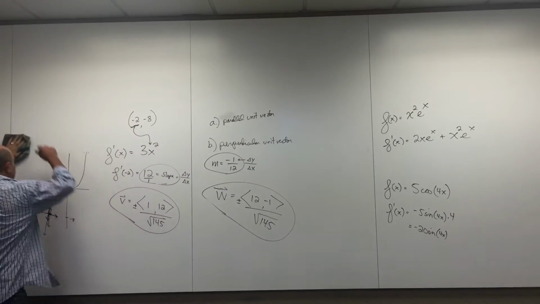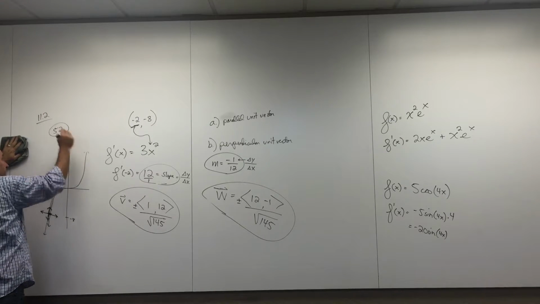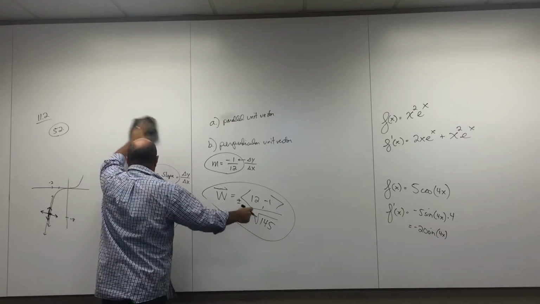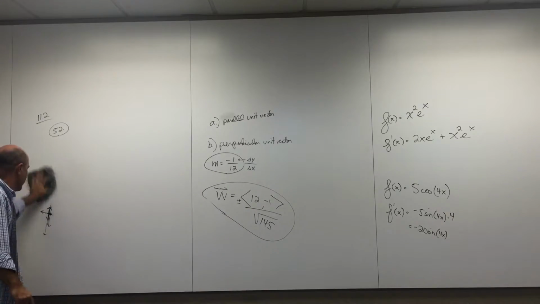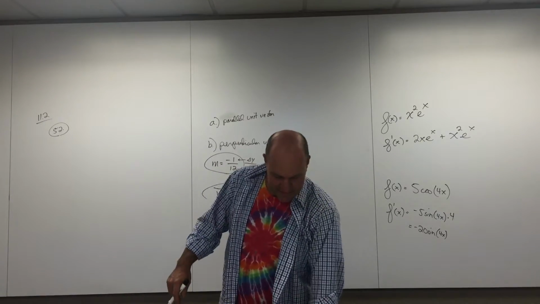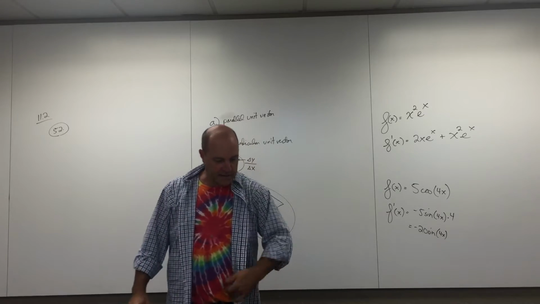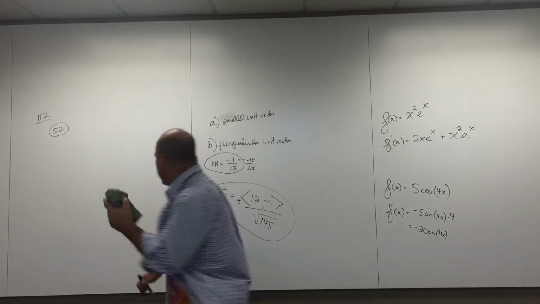So I'm in 11.2, and I'm going to try this problem 52. I think I assigned 51, but I'm going to do 52. It's pretty easy, but they get pretty wordy with this. So here's what they do. In 52, they give me an initial point and a terminal point. Let me write that down.